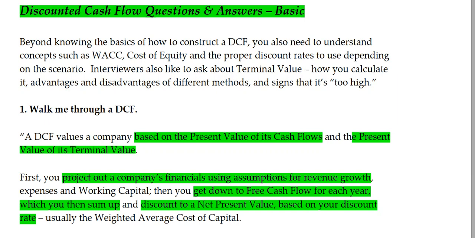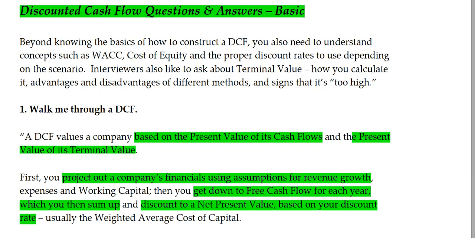First you project out a company's financials using assumptions for revenue growth, expenses, and working capital. This is the company's financials today, and this is the assumption for revenue growth, let's say 10% a year, and after that expenses, and then working capital. With the revenue also come the expenses and the working capital.